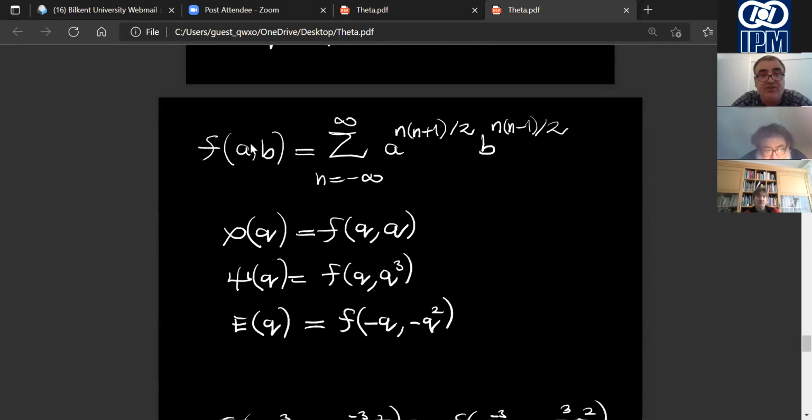The general theta function, this is the notation of Ramanujan. So the theta function phi of q in this notation takes this form. Psi of q is this, E of q is this, okay?